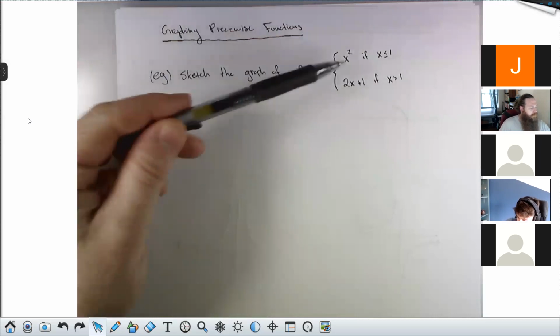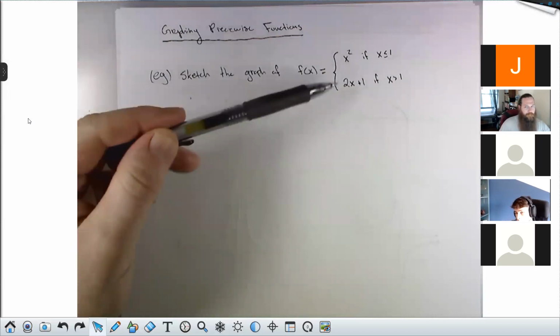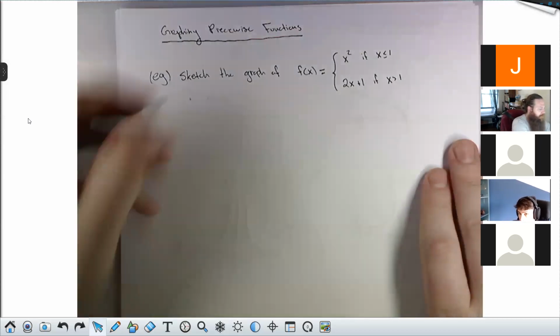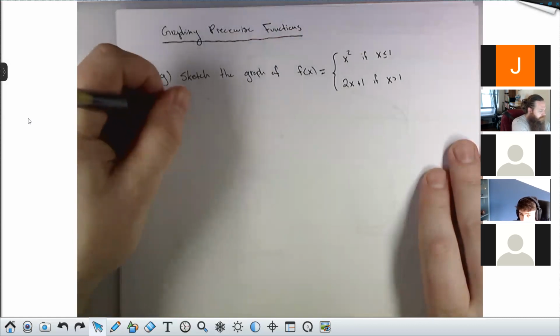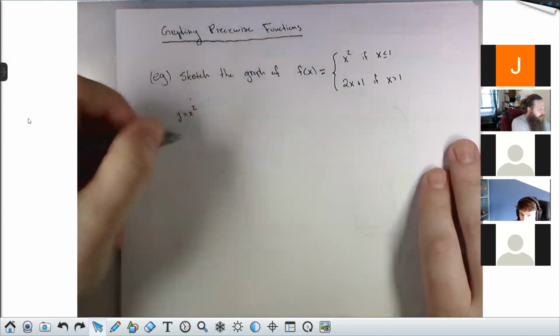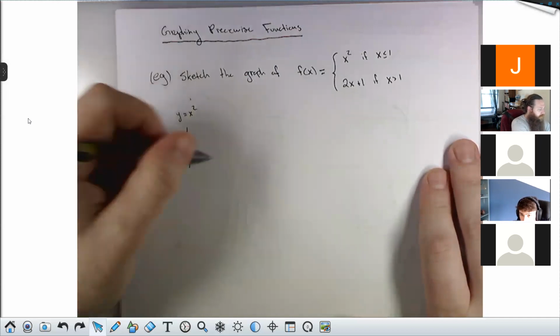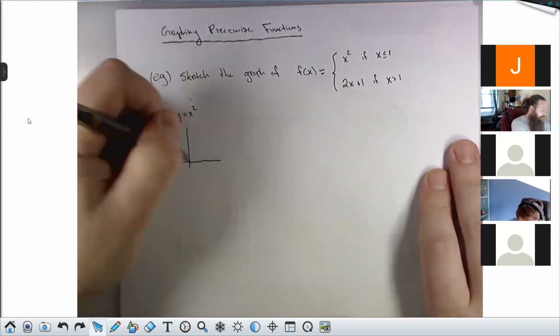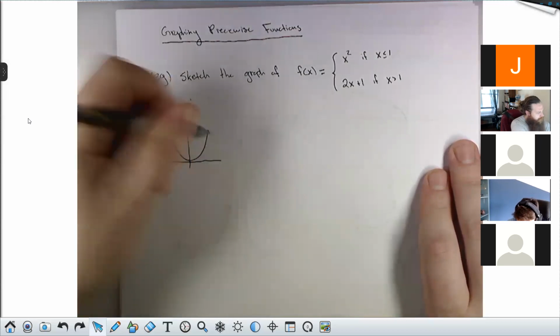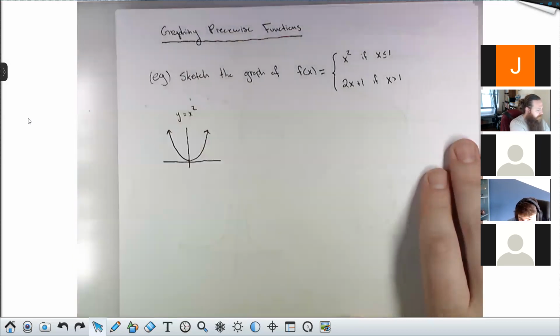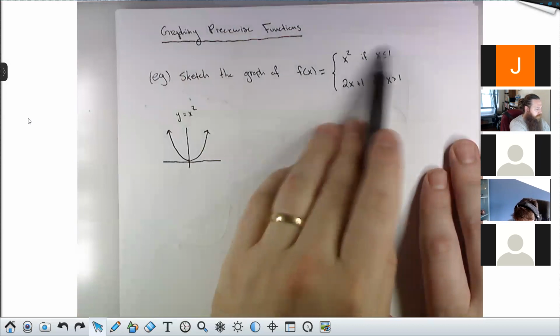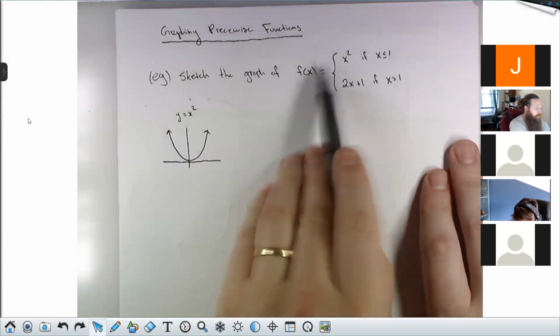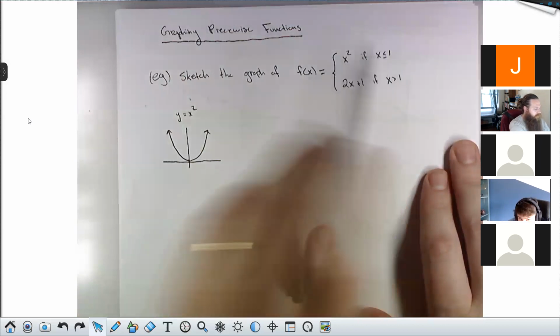So my 2 pieces here are x squared and 2x plus 1. We know what the graph of x squared looks like. That's one of the basic graphs we just talked about. And if I look at the restriction here, this says my function plays like x squared if x is less than or equal to 1.